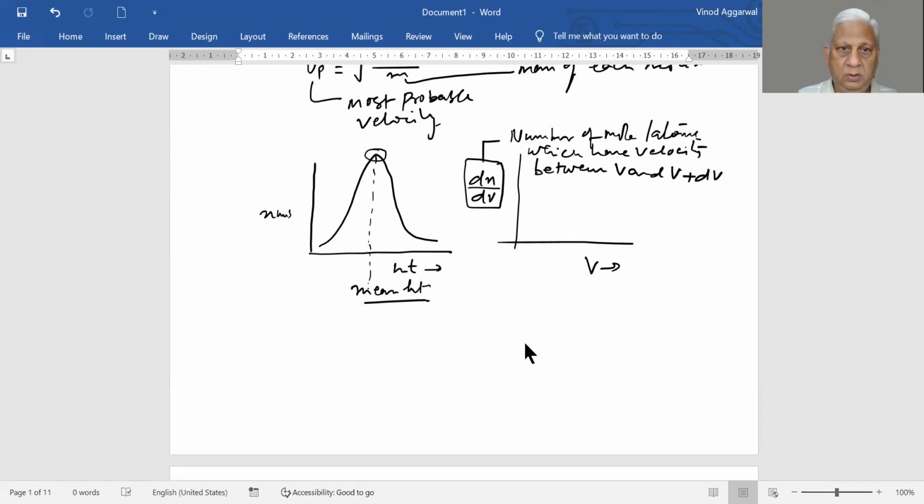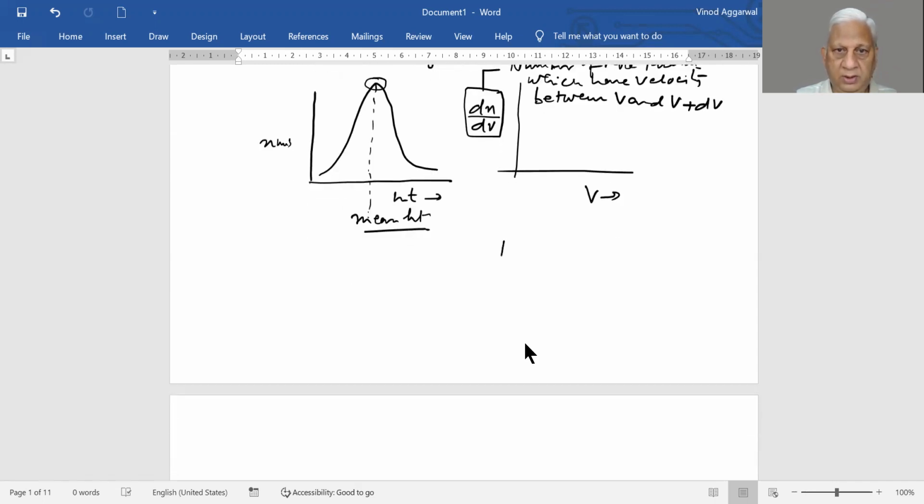Now, I'll use the space here, I'll redraw it again.